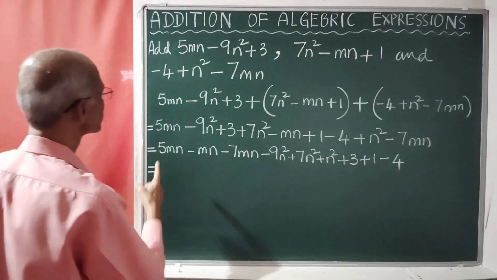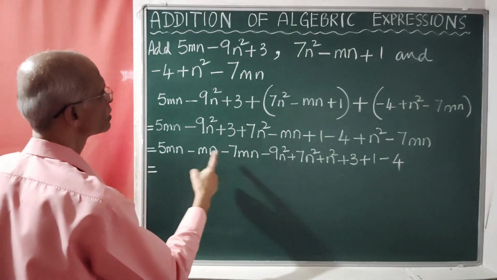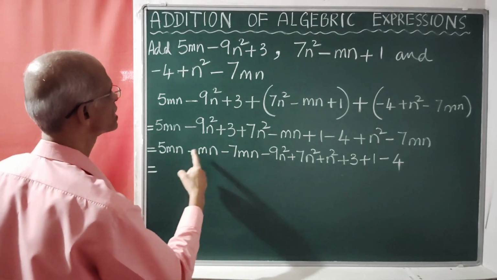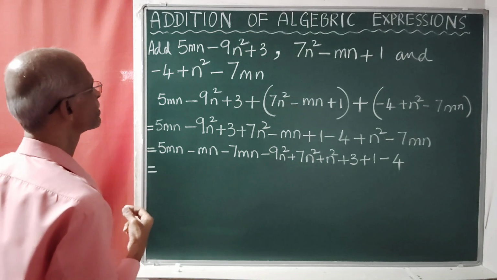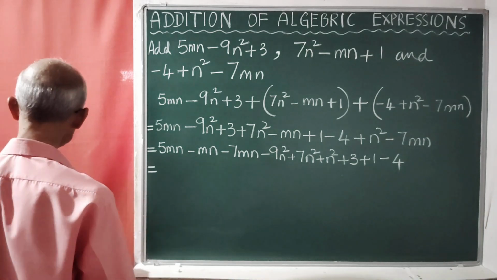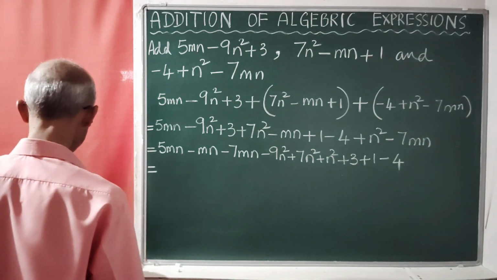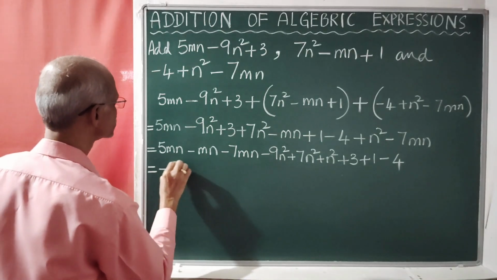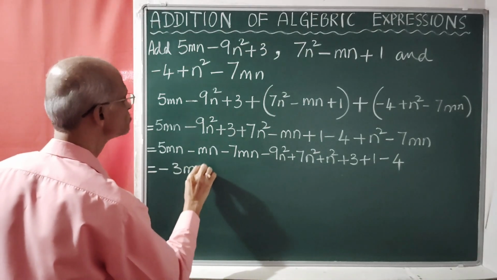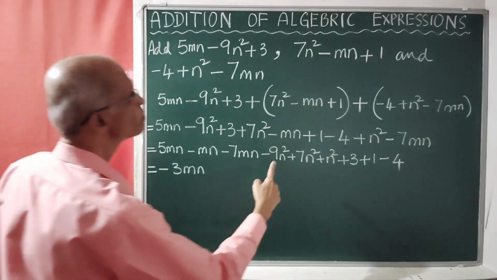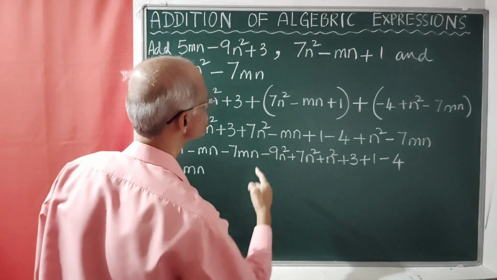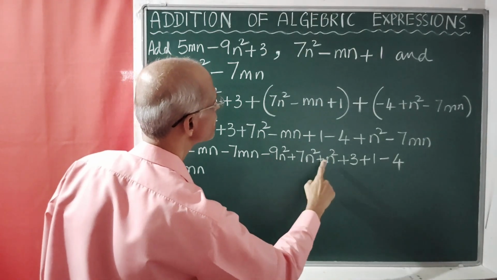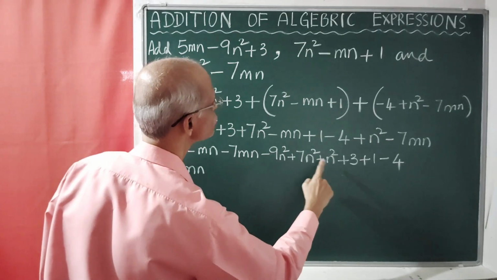Now we need to solve the like terms. So here plus 5, we will get minus 8 here, plus 5 minus 8, we will get minus 3. Minus 3mn. These three are like terms. So minus 9 plus 7 plus 1, 8.